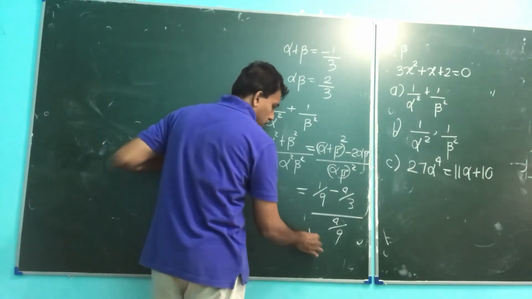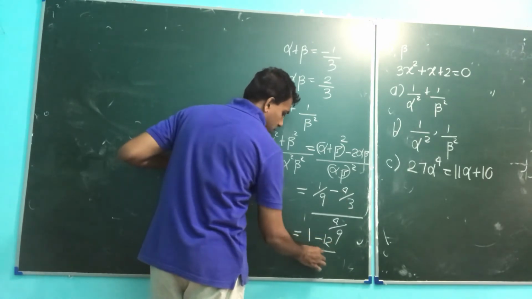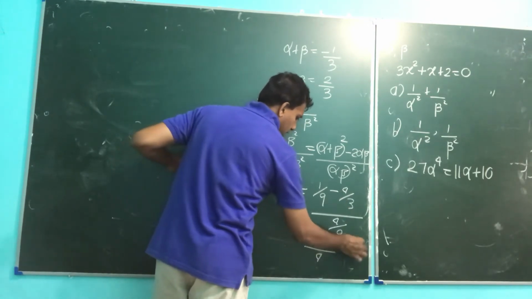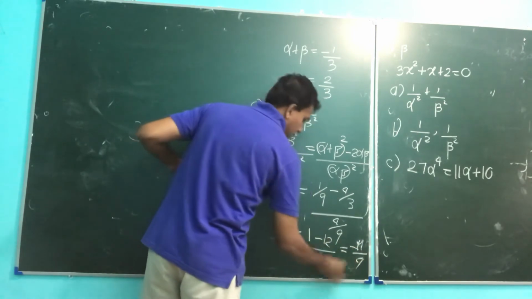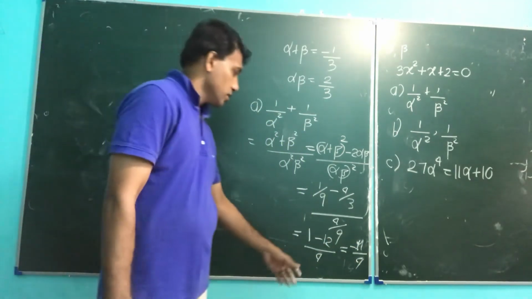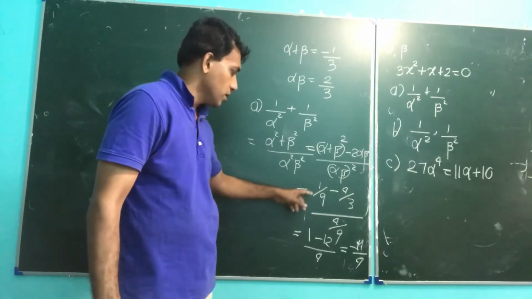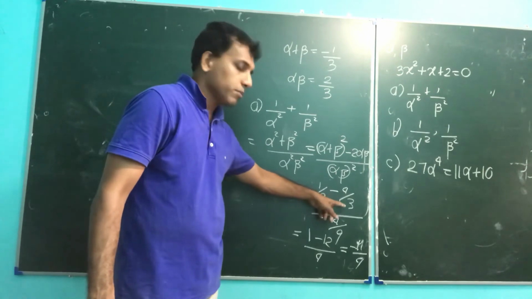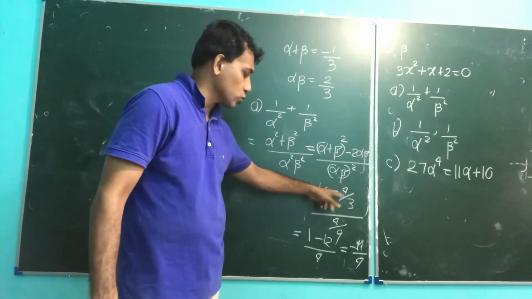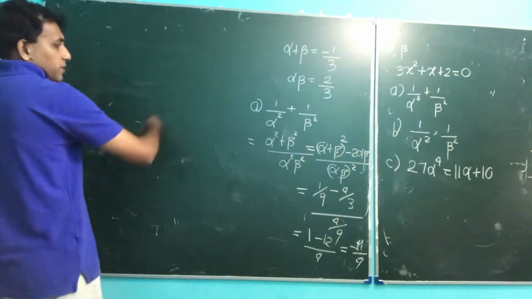So here 1 multiplied by 9 means 9 and 4 over 3 multiplied by 9 means 12, below 4. Therefore the answer is minus 11 over 4, see? Minus 11 over 4, okay. Multiply up and down by the LCM, that's the easy method. Now the first part is over.